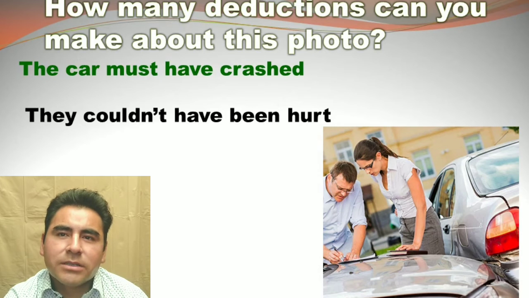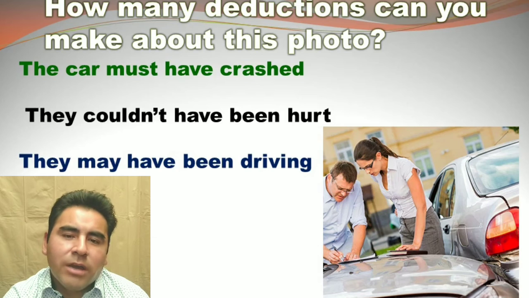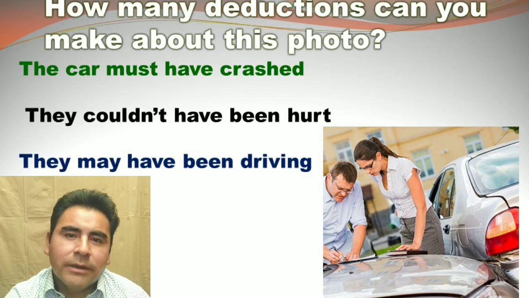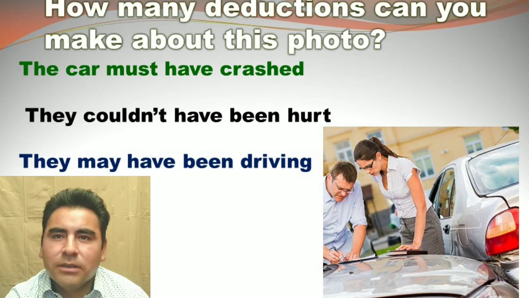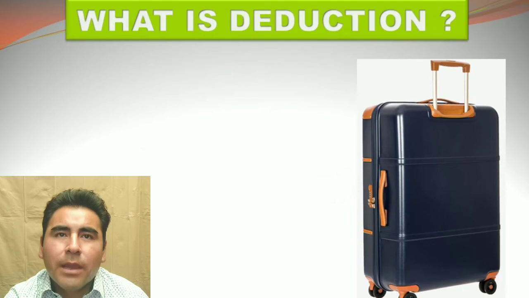Both of the cars are okay, I think. They may have been driving. So maybe not, or maybe yes, 50% possibility. Maybe the car was in a parking lot or things like that. But there was a car crash clearly, okay?